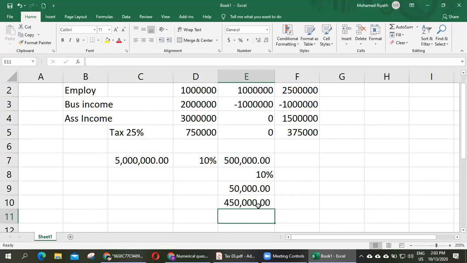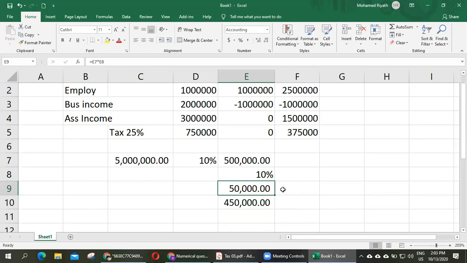450,000, right? So this 50,000, where does it go? Does the bank keep this money, this 50,000, or do they send it to the Inland Revenue Department, the tax collector, the government?